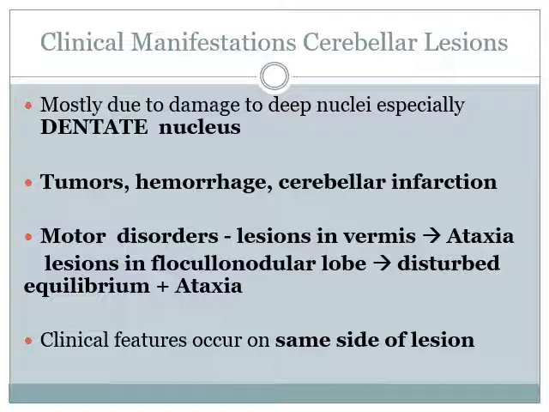There are different tumors, hemorrhage, cerebellar infarction, or motor disorders. A lesion in the vermis, in the flocculonodular lobe, or in any part of the cerebellum would lead to certain clinical manifestations of the different diseases. So the clinical features usually occur on the same side.